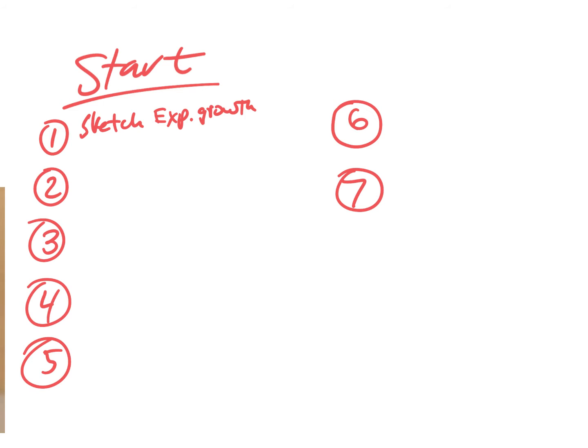Right now it's okay, because this test is not counting as a summative test, but you need to know this for the test. Just what does the exponential growth graph look like? And then let's do the same thing, but sketch exponential decay.